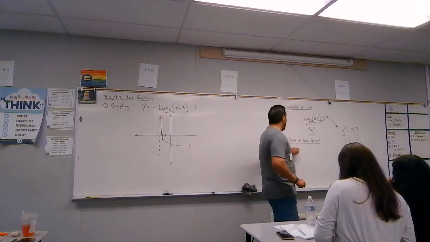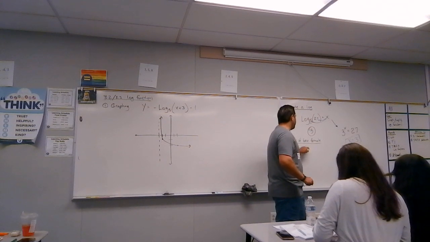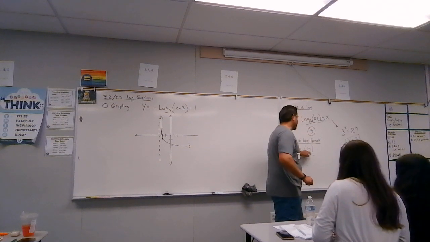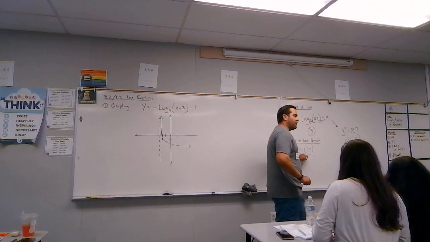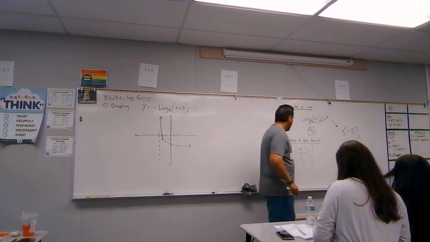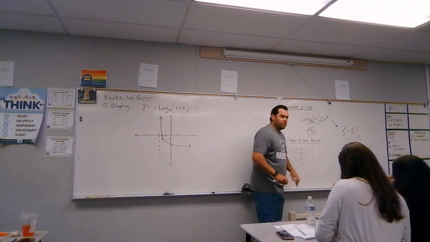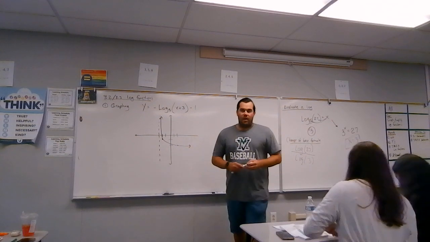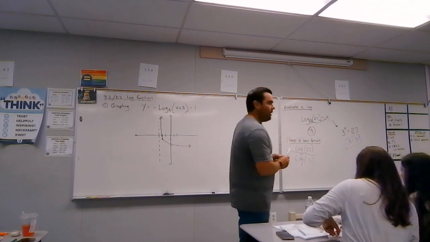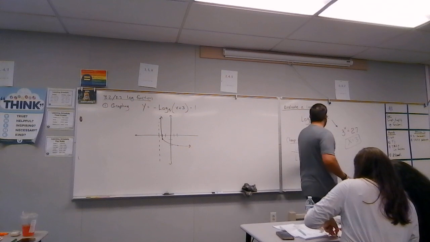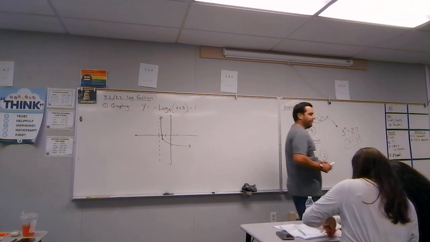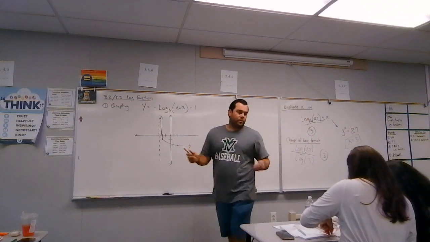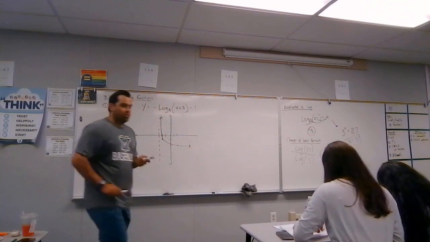You do the log of 27 divided by the log of 3. And there's no number here, so it's assumed to be 10. If you were to just type that into your calculator, you would get a result of 3. So there are 2 ways to do it depending on how you would like to do it.